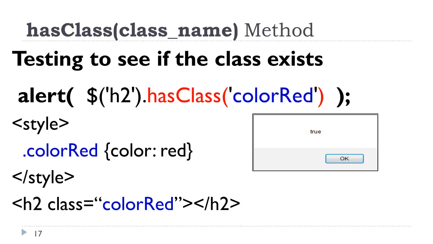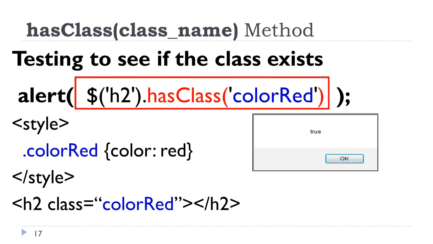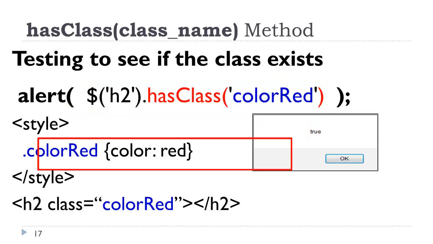Sometimes it might be a good idea, before we start adding and removing classes, to see if the class actually exists, because if it exists, then you might want to remove it, and vice versa. We have a hasClass method, and that returns true or false. So let's take a look at the bottom here.